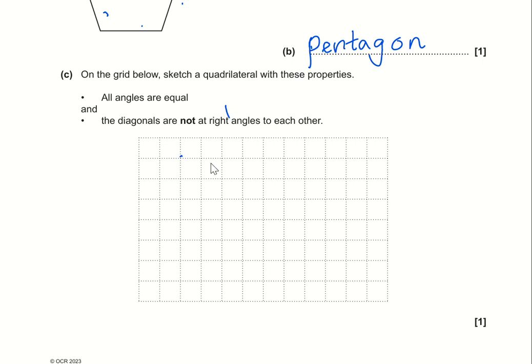You need to know that opposite sides should be equal in length. So I'm going to use four squares to the right and two squares down, four squares left, and two squares up. You can use your ruler. I'm not using a ruler here, that's why it's wonky, but it should be a straight line and a nice rectangle. Now I'm going to move to the next question.